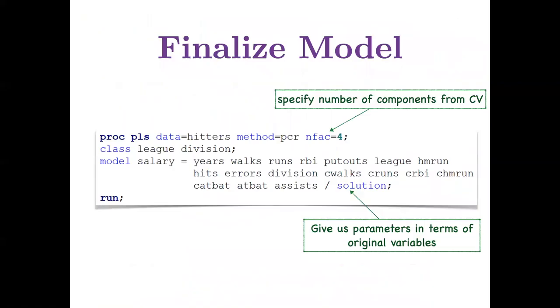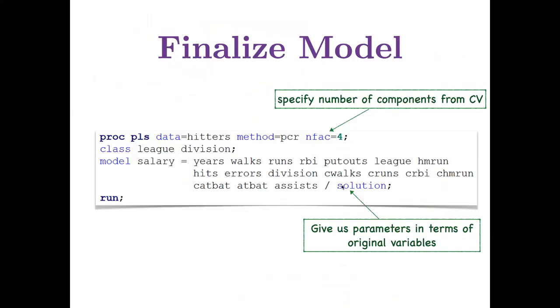But we saw from that cross-validation plot that the selected number of components was 4. So to finalize the model, we're just going to run this model on all of the data, specifying that number of components to be 4.